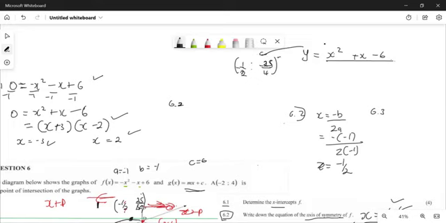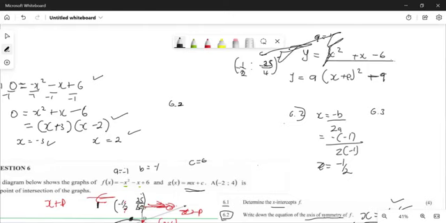Now this equation has its a. What is a here? 1. And then the equation in turning point form has the following: y is going to be equal to a open bracket x plus p all squared plus q. Now we are going to substitute these values here.